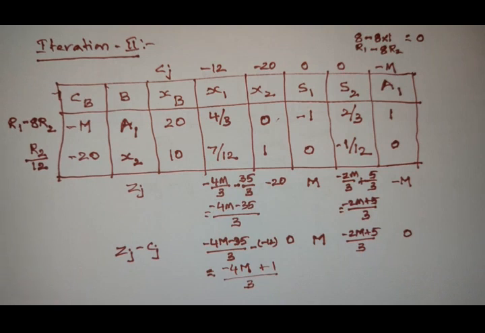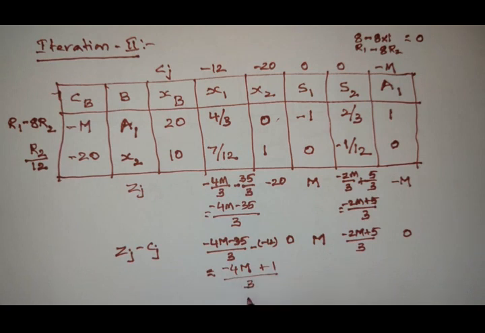So here again check for negative values in Zj minus Cj. So only consider m values in most of the cases. So here the m coefficient is minus 4, here the m coefficient is minus 2, and here positive, here also positive. So in minus 4 and minus 2, what is the most negative value? So the most negative is minus 4.